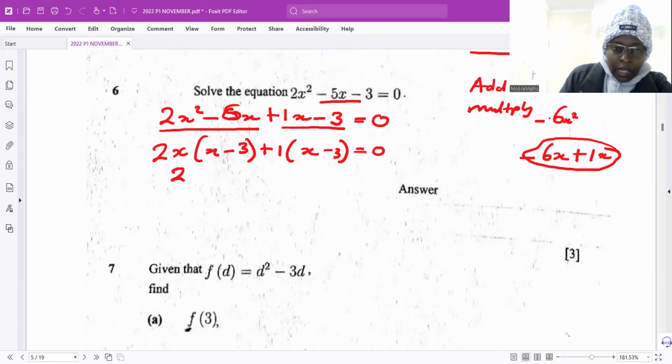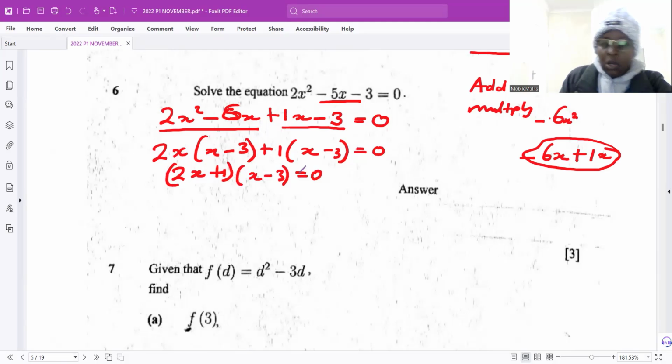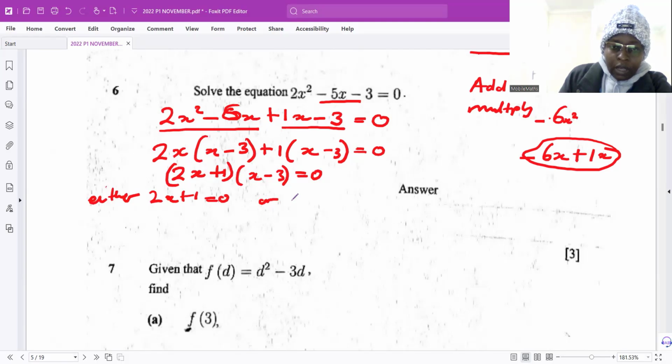So I've got 2x plus 1 here, and x minus 3, okay, is equal to 0. We have not yet solved the equation. For us to now solve, we can say either 2x plus 1 is equal to 0, or x minus 3 is equal to 0.